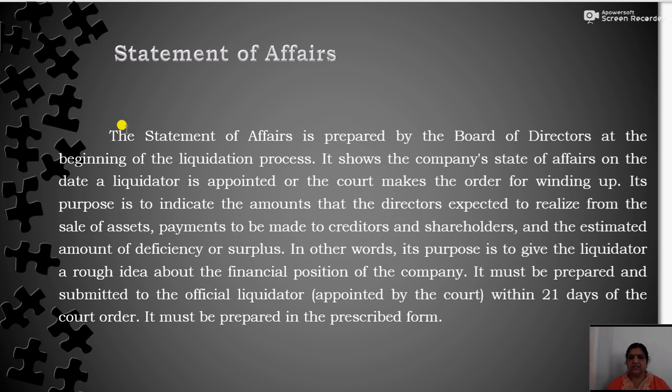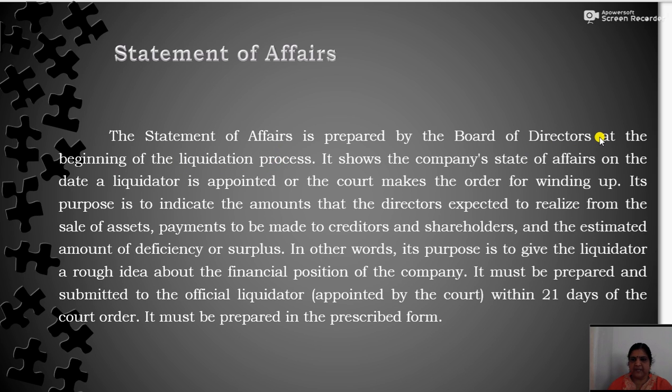The next is statement of affairs. So there are various statements to be prepared in relation to the liquidation. One is statement of affairs. Now what is meant by statement of affairs? The statement of affairs is prepared by the board of directors at the beginning of the liquidation process.